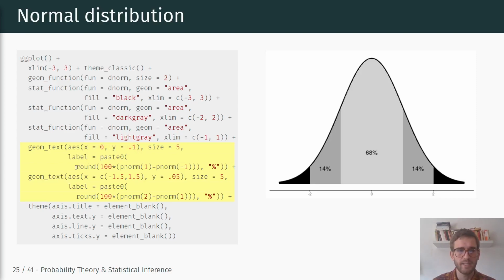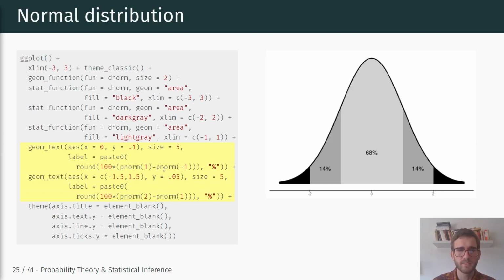And as a label, we define on the one hand for our center area, we just compute the difference pnorm(1) minus pnorm(-1). If you are confused about that, go back to the previous video where I talked about the normal distribution and how to compute these cumulative probabilities of the standard normal distribution: the probability of x being up to 1, and the probability of x being up to -1.